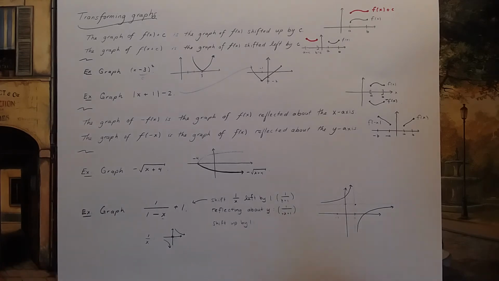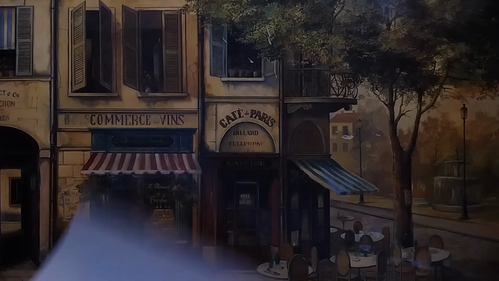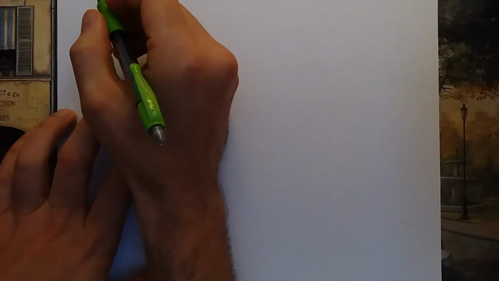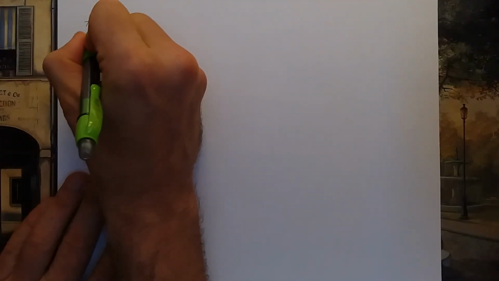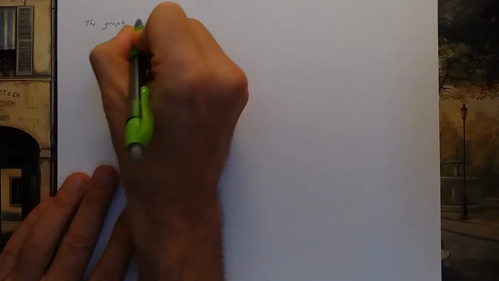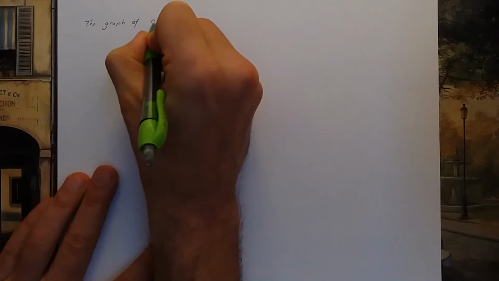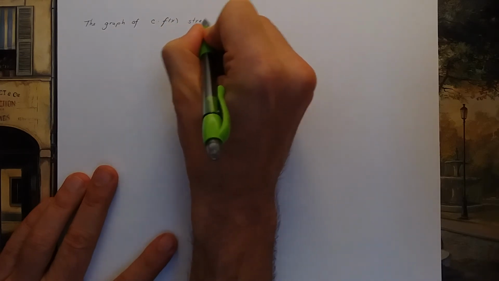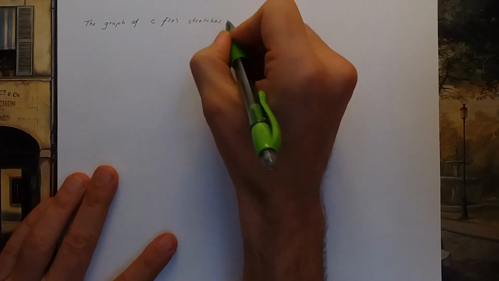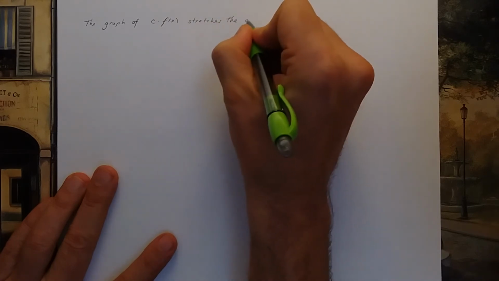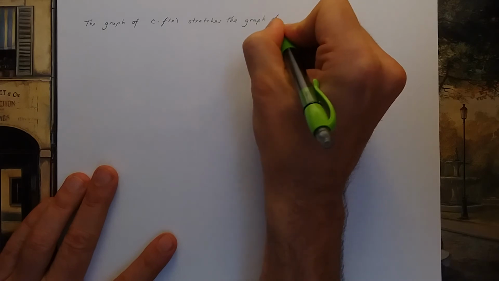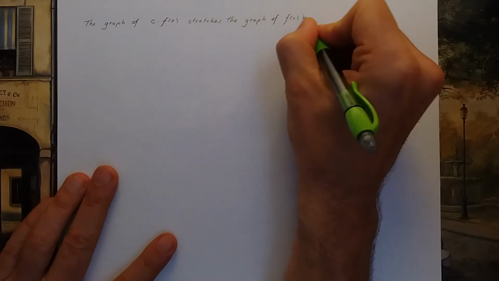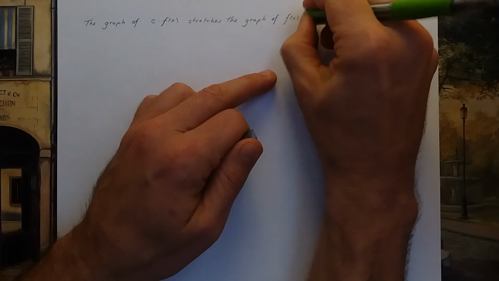Now there's one other kind of transformation that I'd like to discuss in this video. So let me get a new page here. I'll tell you that the graph of c times f of x stretches the graph of f of x vertically by c.